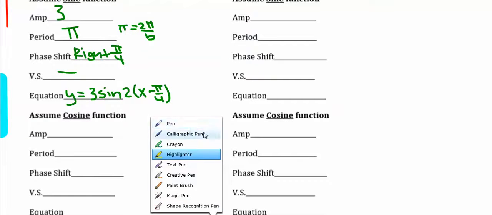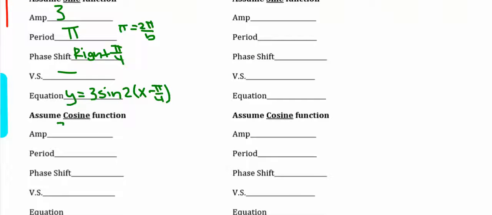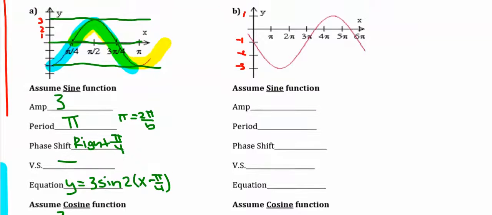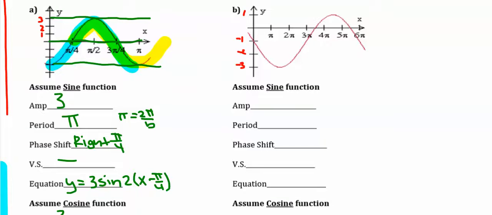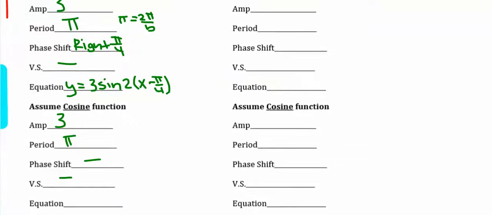So my amplitude is going to be 3. My period is pi. There's no phase shift this time. There's no vertical shift. But notice that there is a reflection because it does start at the minimum. So you may want to write that reflection.